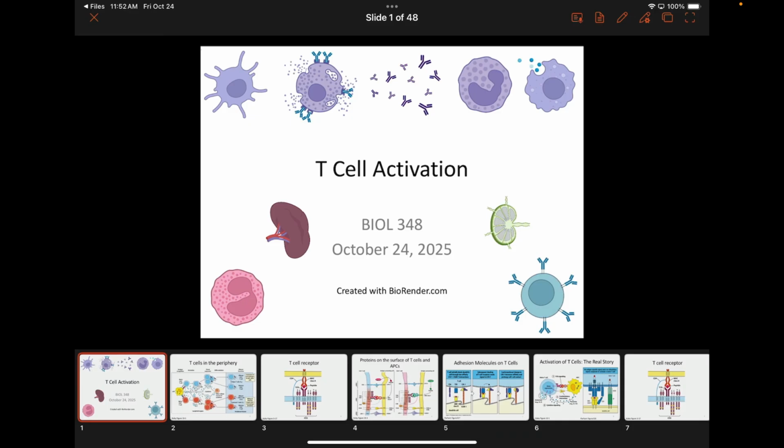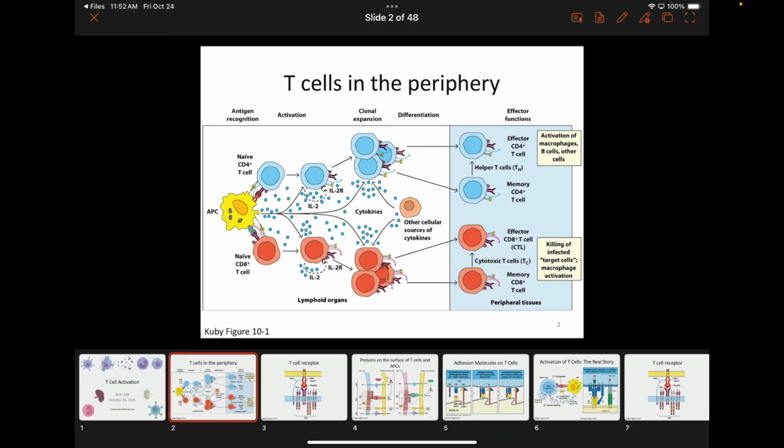So today we are going to talk about T-cell activation. As I mentioned to you before, it's the beginning of going through the events that are shown on this slide, and this is largely what we're going to be talking about from now until the exam.